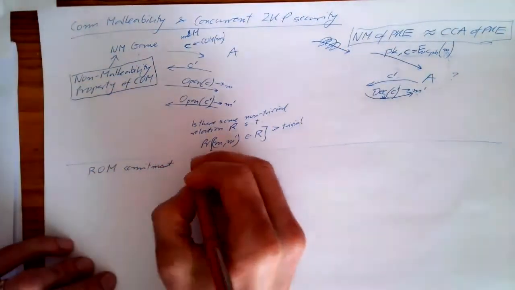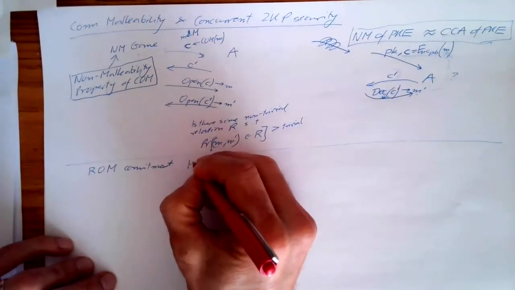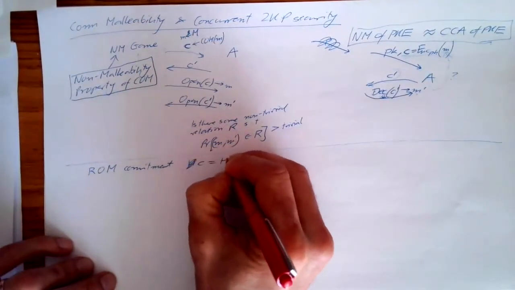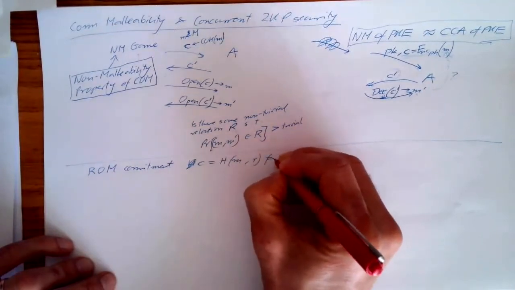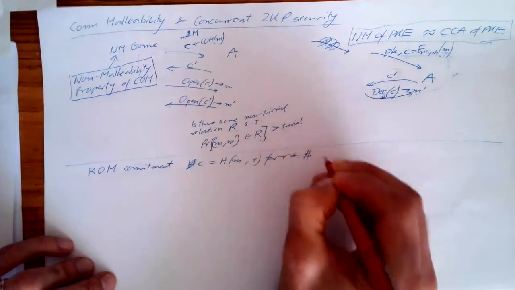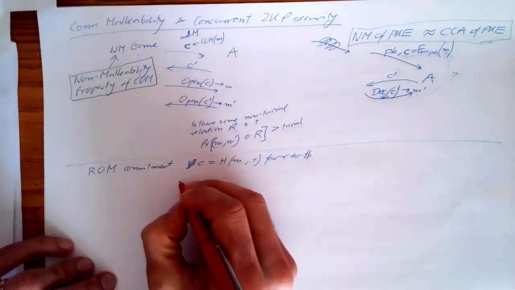So random oracle commitment, right? Commitment is a hash of the message and a randomness. It is non-malleable, right?